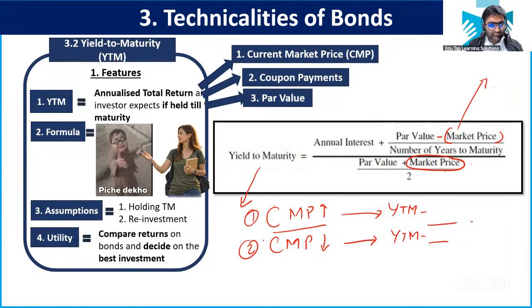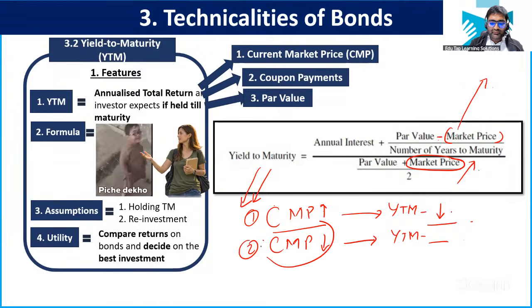Again, we have it in the denominator. As per your mathematics, I hope you know that if a value in the denominator increases, the calculated value will decrease. So there is an inverse relationship between market price and yield to maturity, right? When this is increasing, this is going to decrease. When the current market price decreases, the yield to maturity will increase.